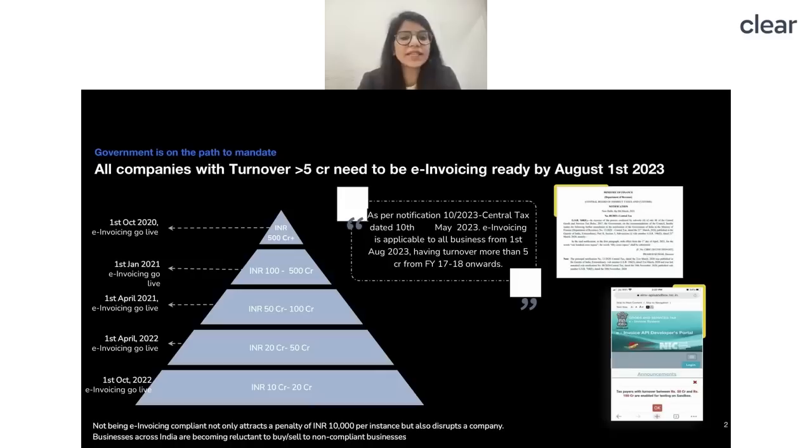The question is what exactly we mean by aggregate turnover. Before answering that, let me ask you a question, and you try to answer whether this will become part of my aggregate turnover or not.